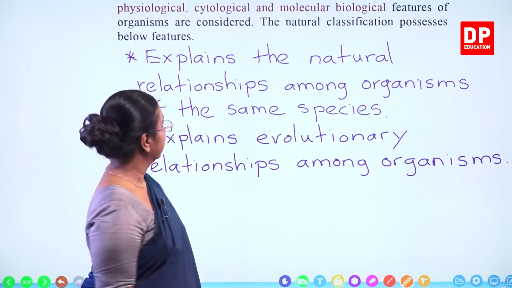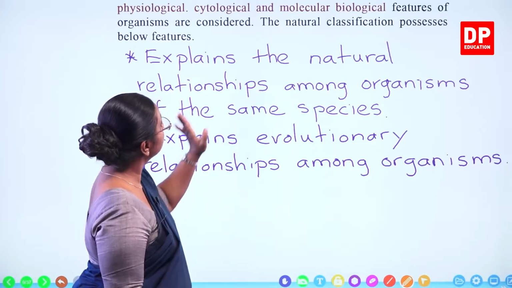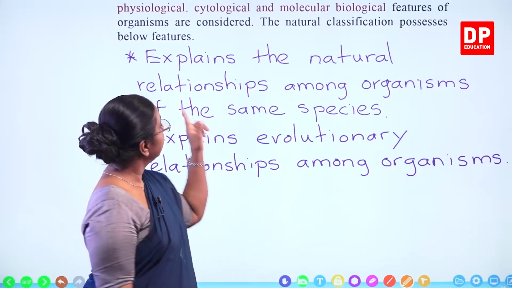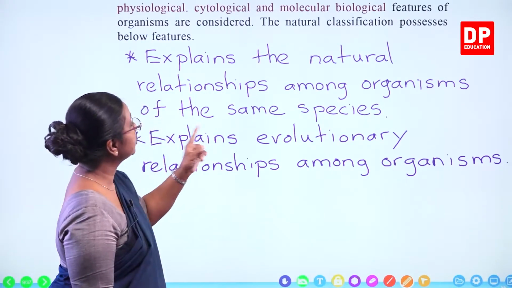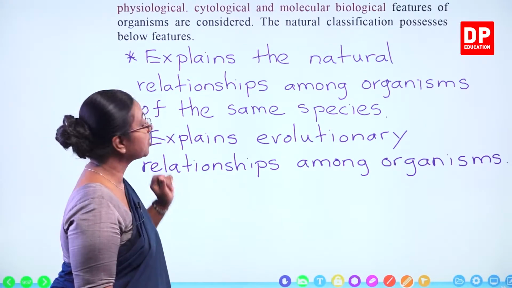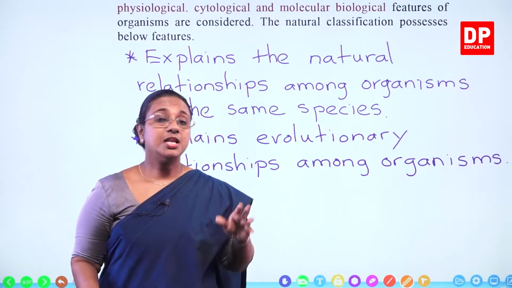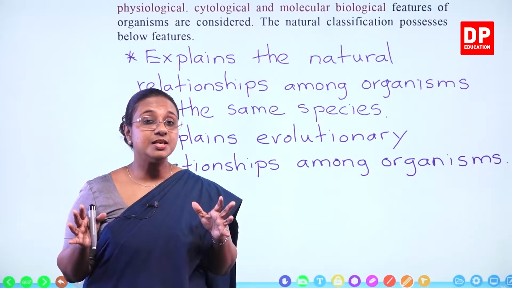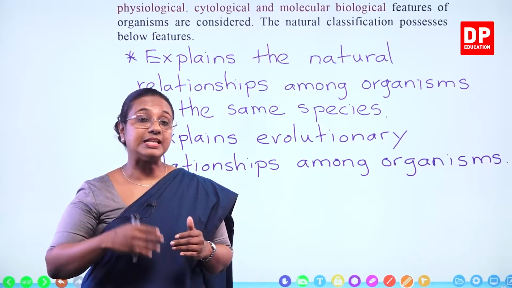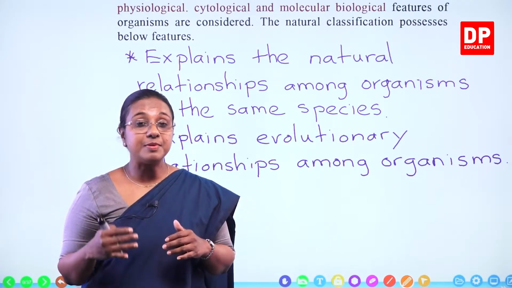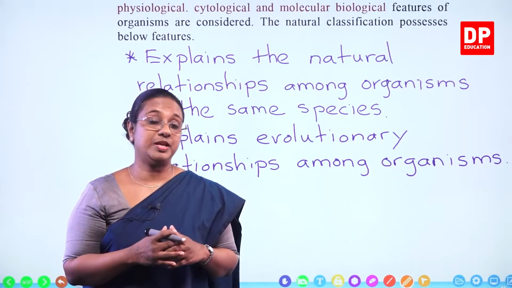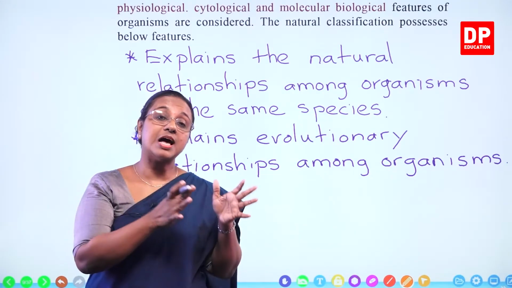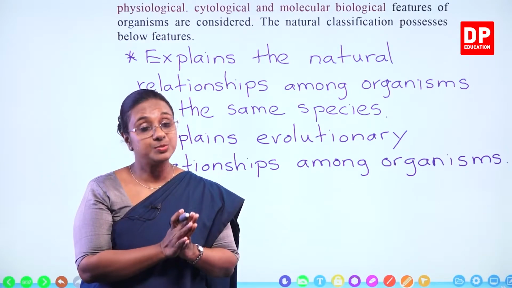So if we look at these two features, it explains the natural relationships among organisms of the same species. Now, when you say species, those are the organisms that can interbreed and produce fertile offspring. So those organisms are grouped as one species.